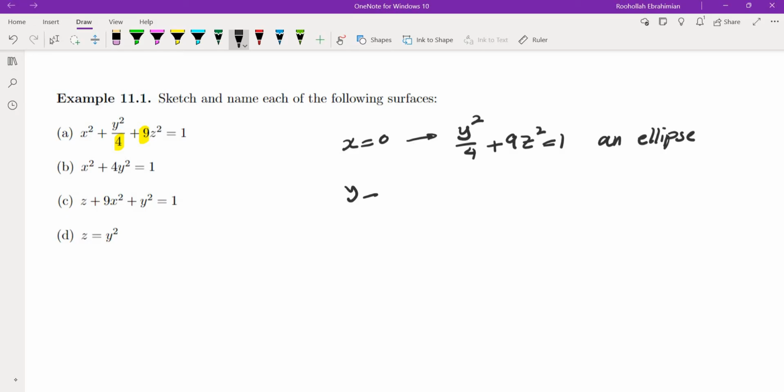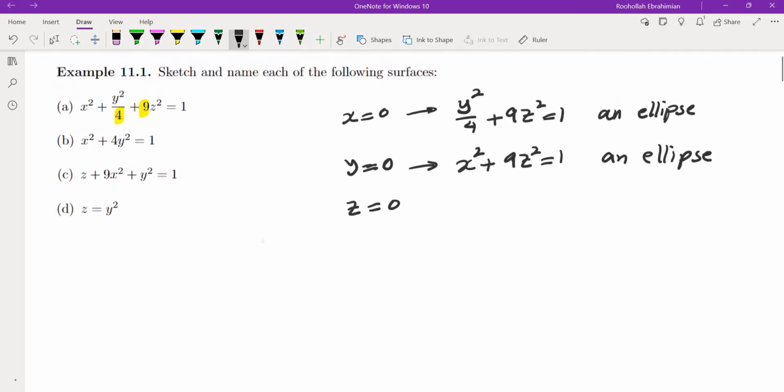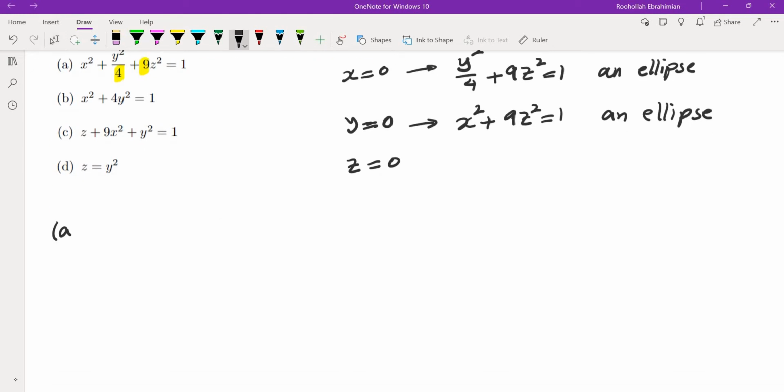Similar to that, we can plug in y equals 0, we get another ellipse on the xz plane again, and same for z equals 0. So we have a shape that is an ellipse in all three different directions. So if we put the information here together, we're going to end up getting this shape. So let's draw the XYZ axis.